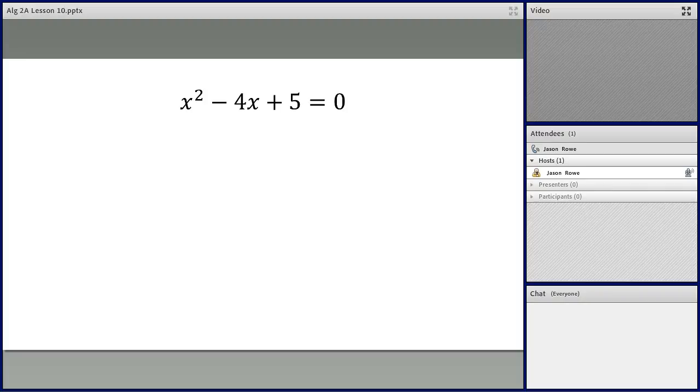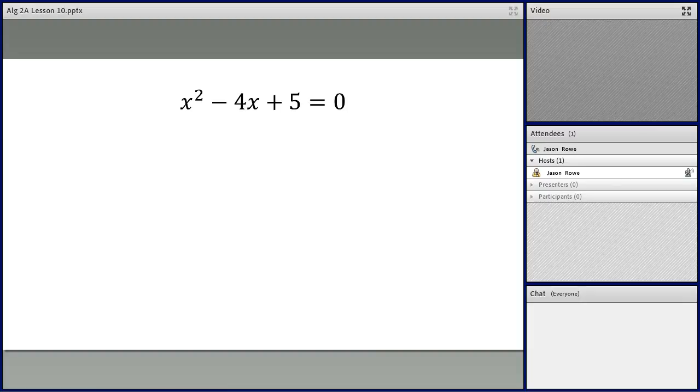So if I'm given a problem like this that I know won't factor, because there's no factors of 5, it had to be 4. Then I need to use another method, whether it's completing the square or the quadratic formula. In this particular lesson, you're told you have to use completing the square.